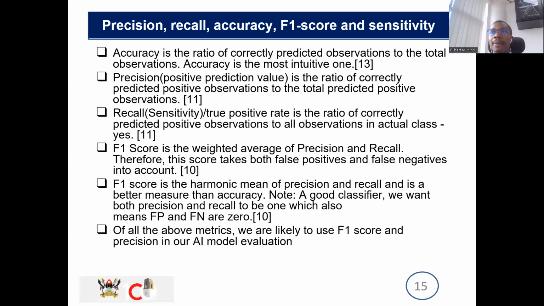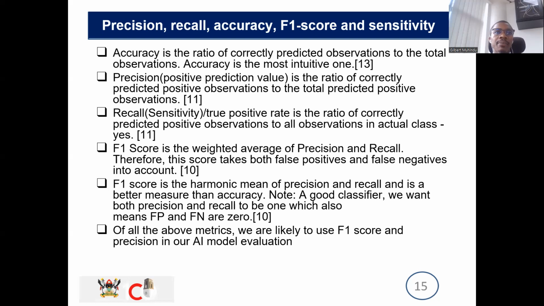The false negative being the value which was supposed to be true, but according to our algorithm, we got it as negative. I don't know if that is clear. Like I mentioned, sensitivity is the same as recall, also referred to as true positive rate.